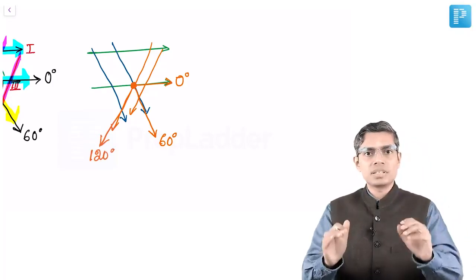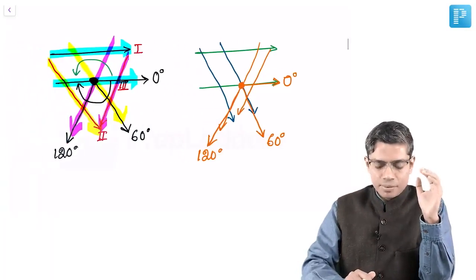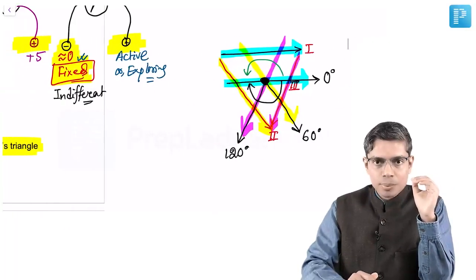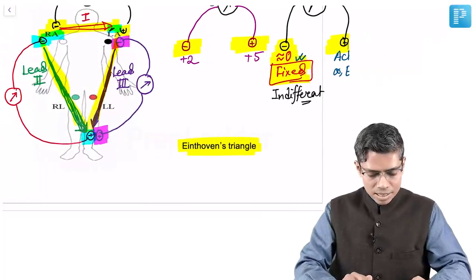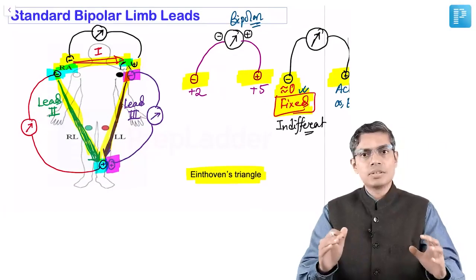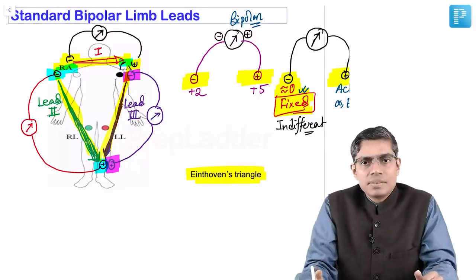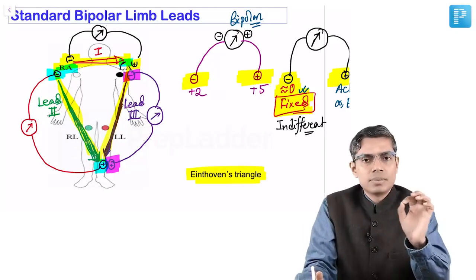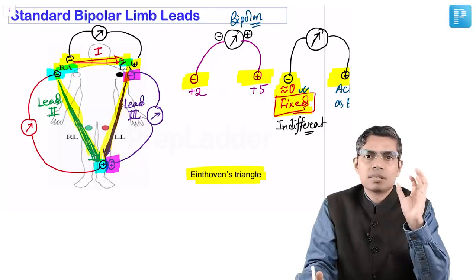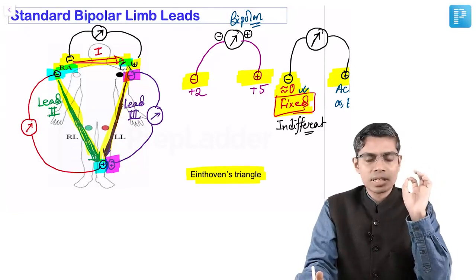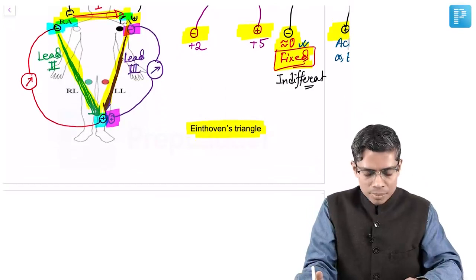Getting my point? This is the reference system for the ECG. So lead 1, lead 2, lead 3 make a triangle, and if you parallelly shift these three vectors, they meet at a center. I hope you understood the concept of bipolar limb leads.